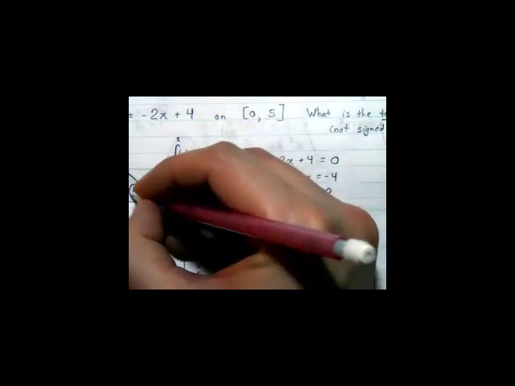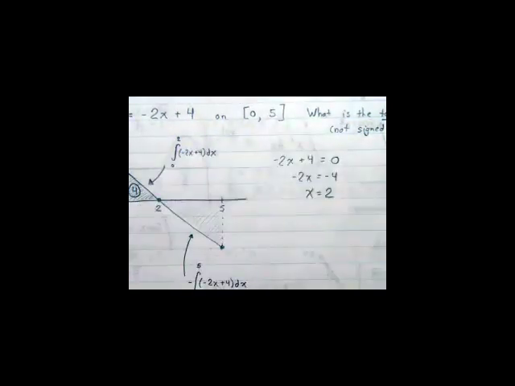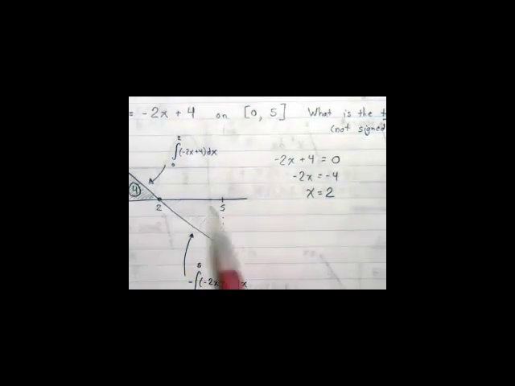Yep, 1/2 base times height. Base is 2, height's 4. So that should be a total area of 4. And then this triangle over here, we've got a base of 3 and a height of 6. So what would be that area then? 9.